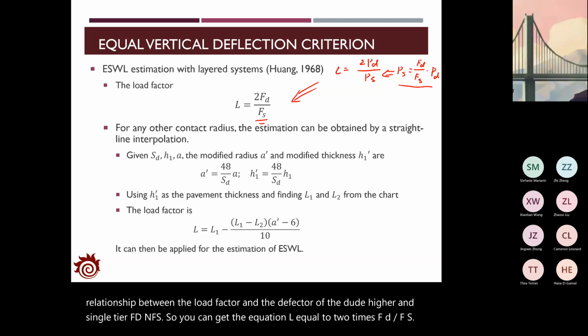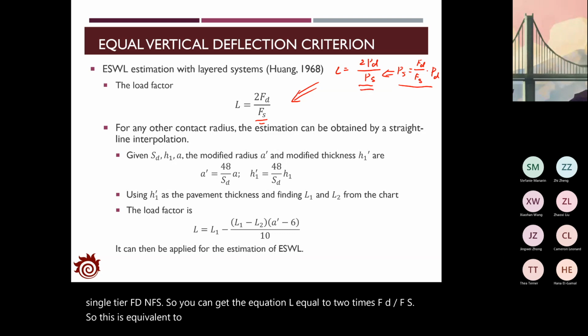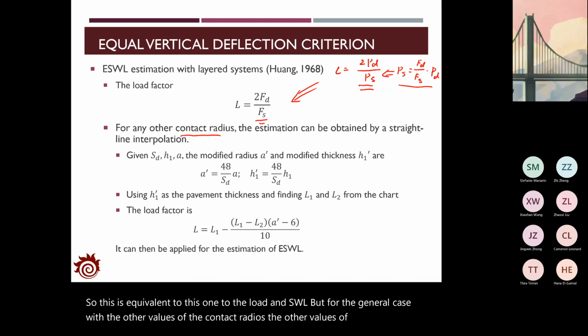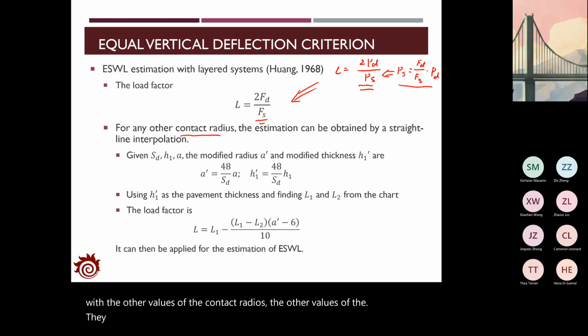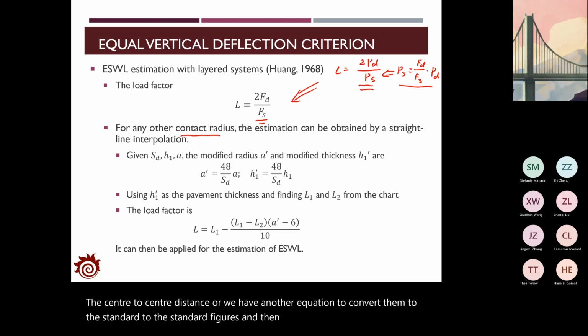This is equivalent to the load and the ESWL. But for the general case with other values of the contact radius and the center to center distance, we have another equation to convert them to the standard figures and then find the load factor.